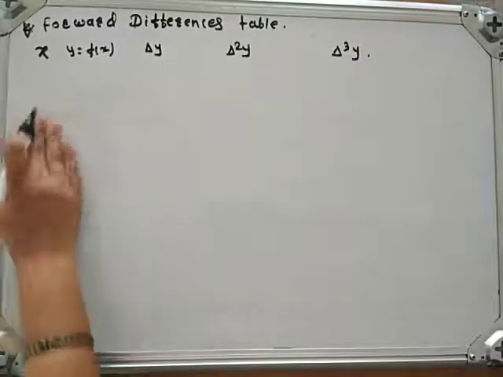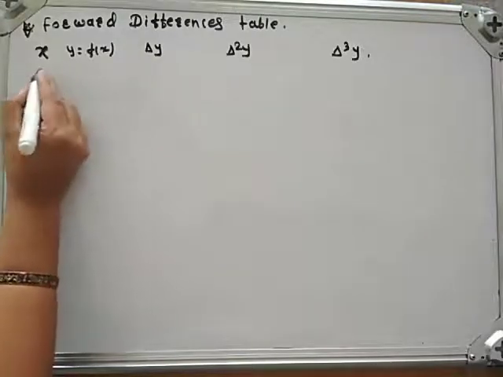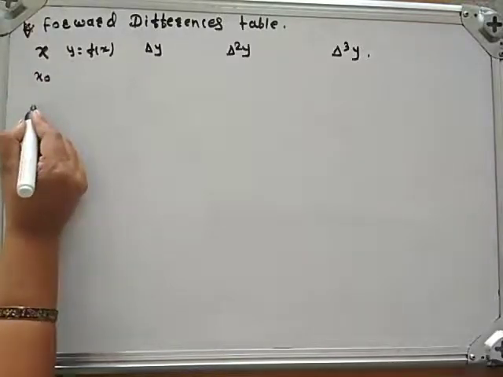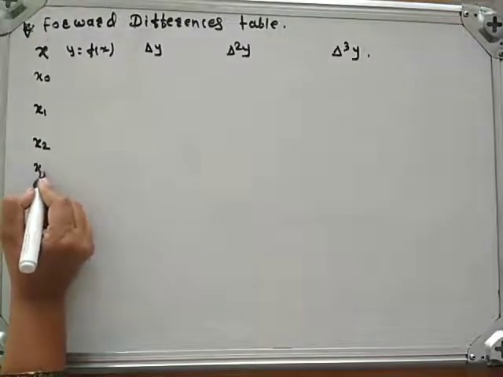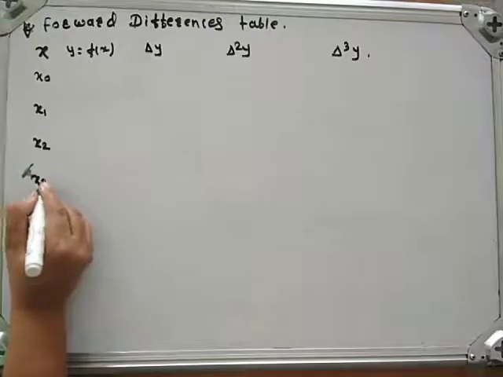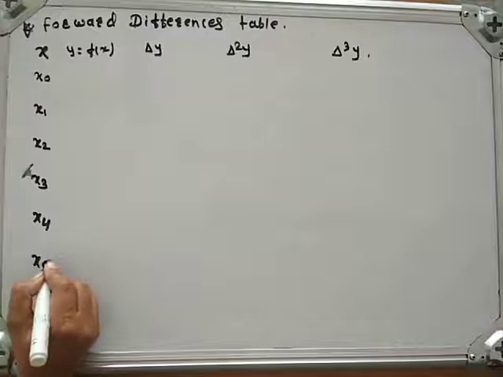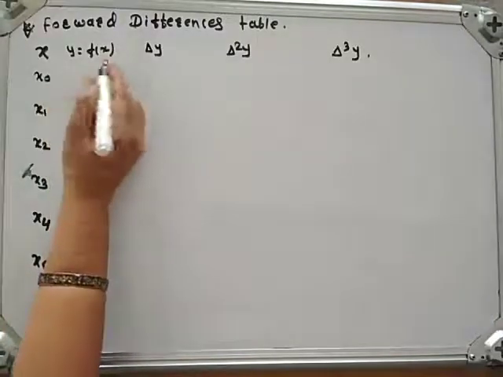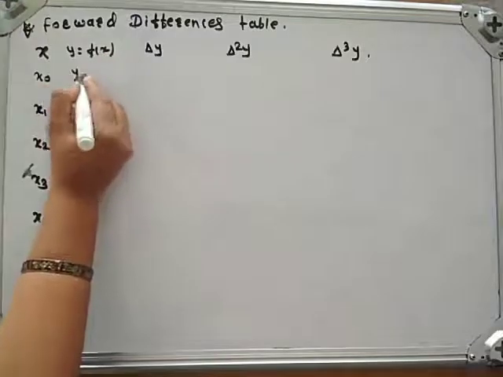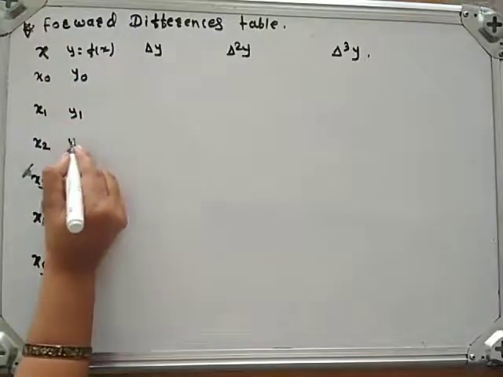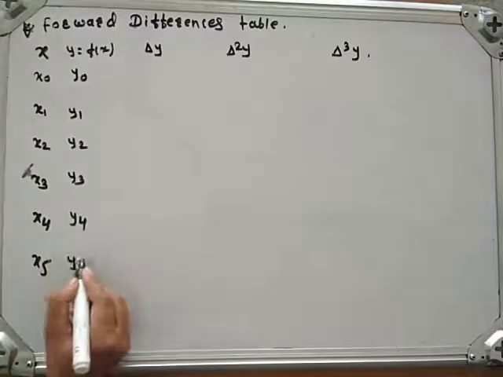Suppose we have values of x: x0, x1, x2, x3, x4 and x5. Their corresponding values, meaning the value of the function at each point, are y0, y1, y2, y3, y4 and y5.